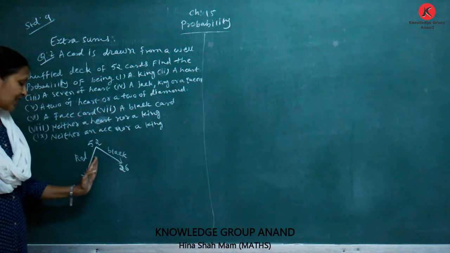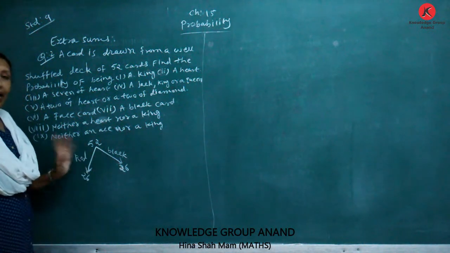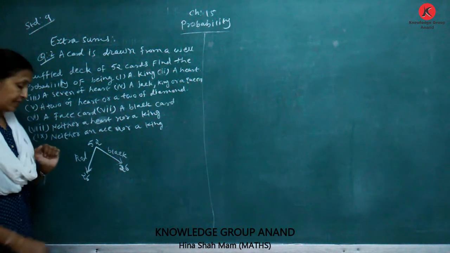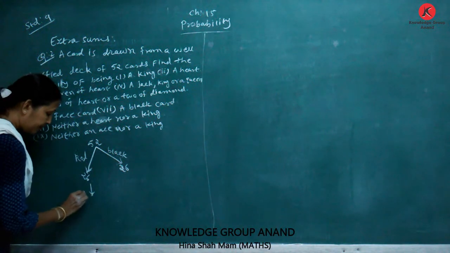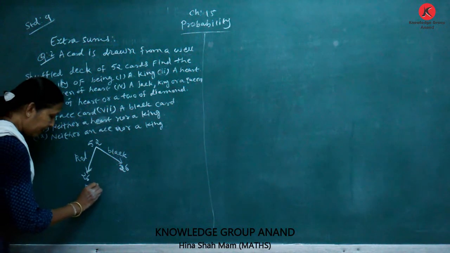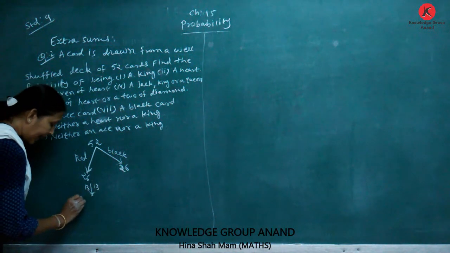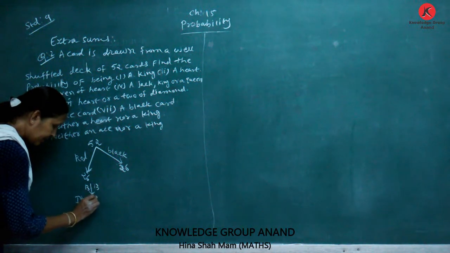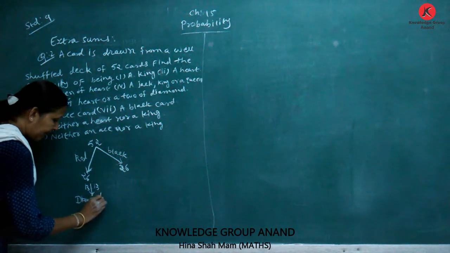Which are red cards? 13 are diamond and 13 are heart.